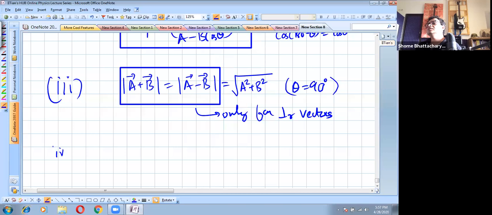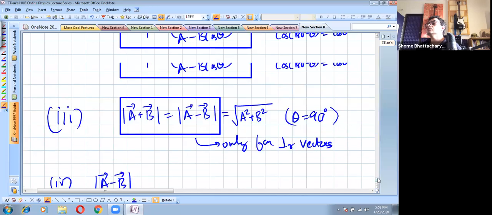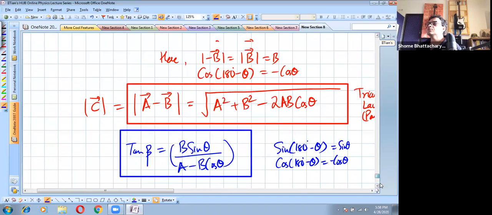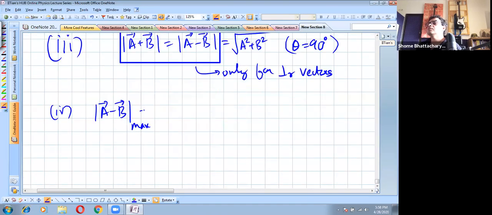And the other thing is that again, if you see the difference of two vectors, when will its maximum value be? Now this time see, when you go back to the triangle law statement, cos theta is coming with a minus sign. So left hand side is maximum, when in the right hand side cos theta is minimum. So cos theta's minimum is how much? Minus 1. When it's minus 1, it actually becomes the sum. So the maximum value of mod A minus B is mod A plus mod B. Okay.